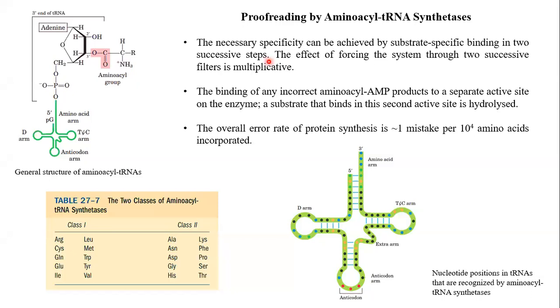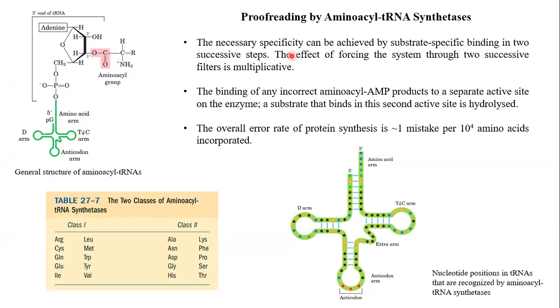Now, these amino acyl transfer RNA synthetase enzymes have proofreading ability, and this is very important. Why? Because there are 20 naturally occurring amino acids and 20 amino acyl transfer RNA synthetase enzymes. So each enzyme is for one amino acid, but one amino acid gets coded by more than one codon.